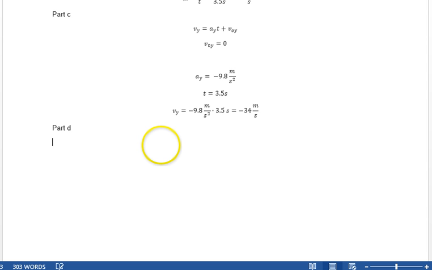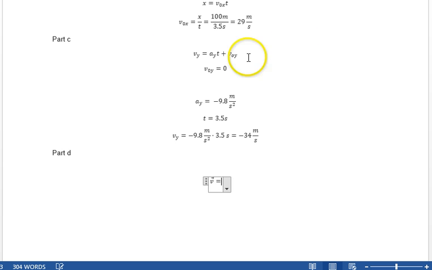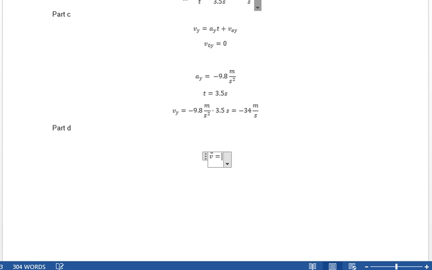Part D. So now, the velocity as a vector, because we're including both components, is the velocity in x, which is 29 meters per second in the x direction, minus 34 meters per second in the j direction. All right, so 29 meters per second in the i direction, minus 34 meters per second in the j direction.